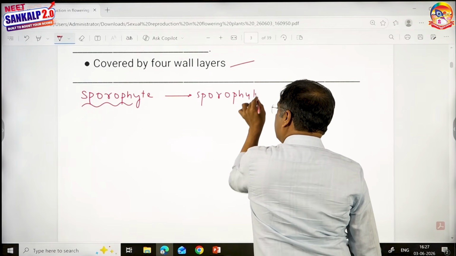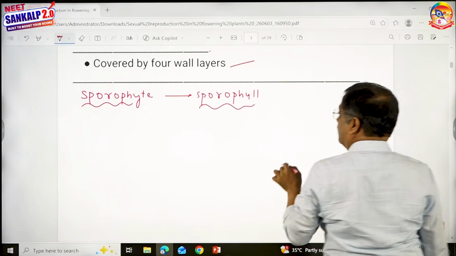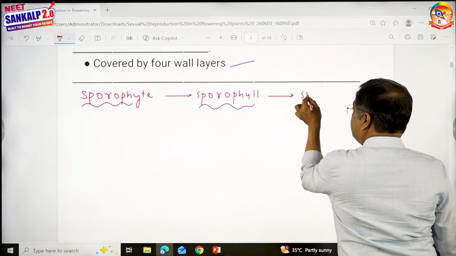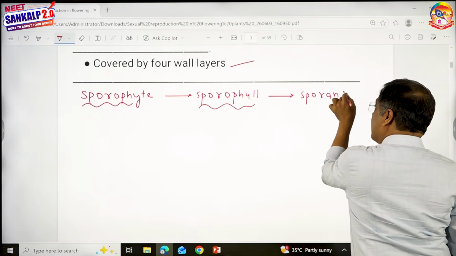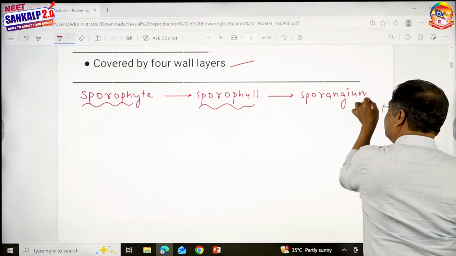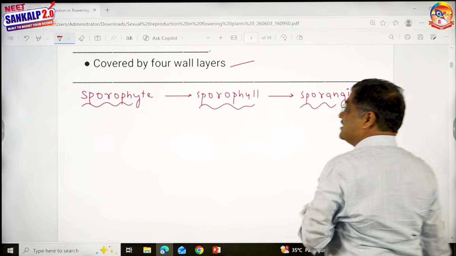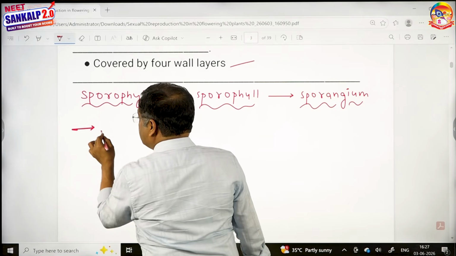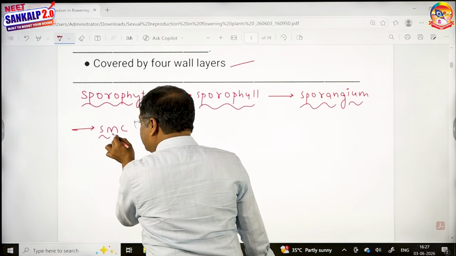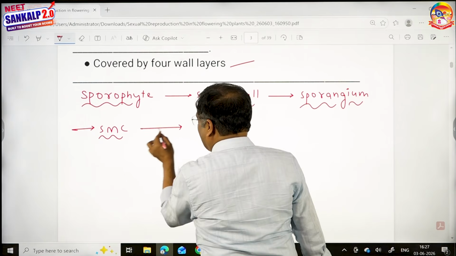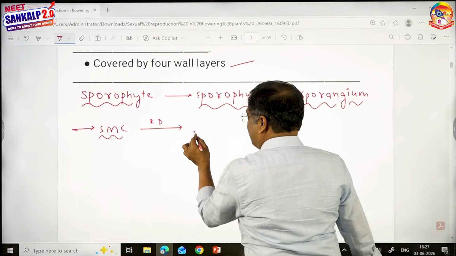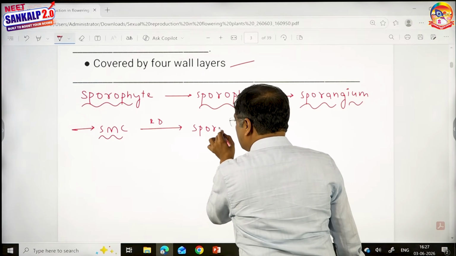Yes, sporophyll means leaf. The job of sporophyll is to produce bags called sporangium. Inside these bags, there are spore mother cells. These spore mother cells undergo reduction division to give rise to spores.